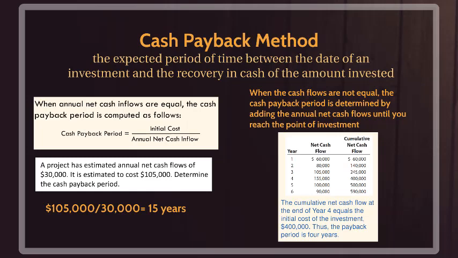If cash flows are not equal, then we just have to go through each year and add up that net cash flow until we recover our investment. Therefore, in this example here, we look at that cumulative net cash flow until we recover that initial investment.